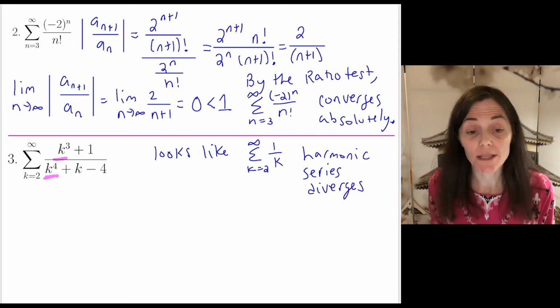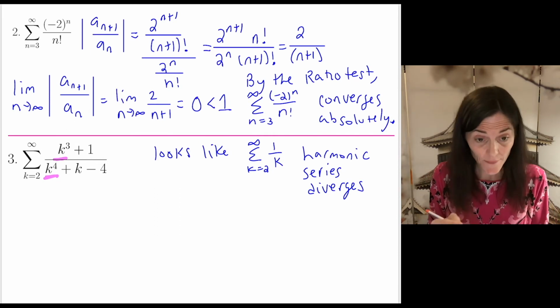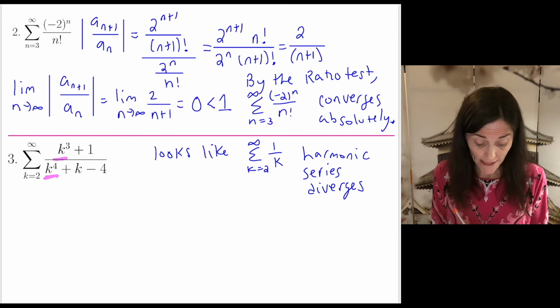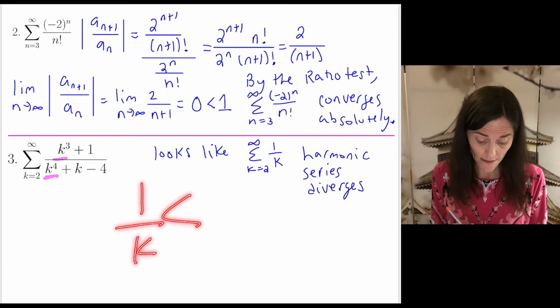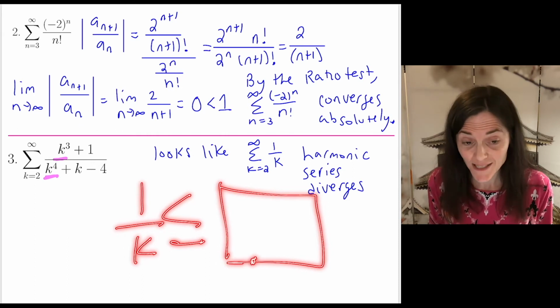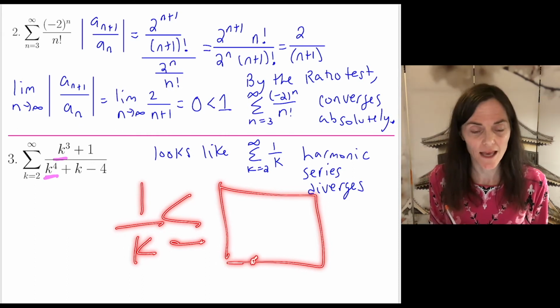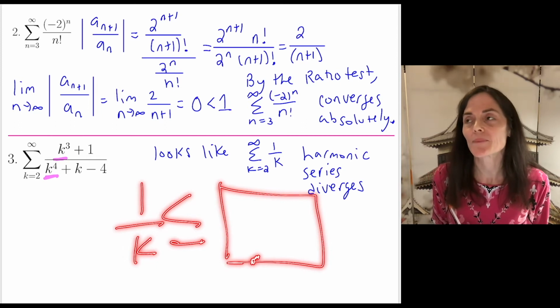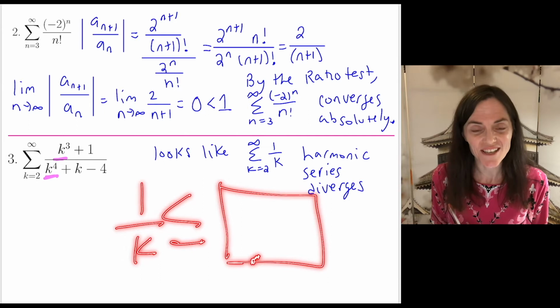Now, I'm going to do limit comparison because in order to use normal comparison with the harmonic series, I would need the terms here, the k cubed plus 1 over k to the 4th plus k minus 4, okay? I need to be greater than a divergent series in order to conclude diverges.